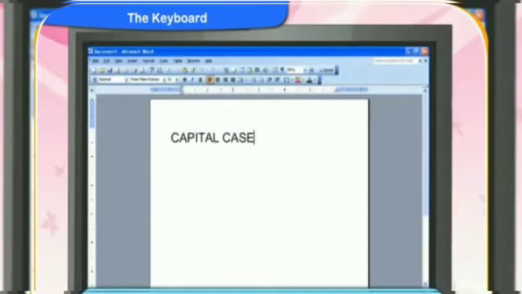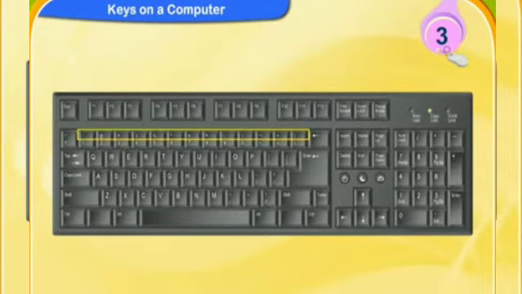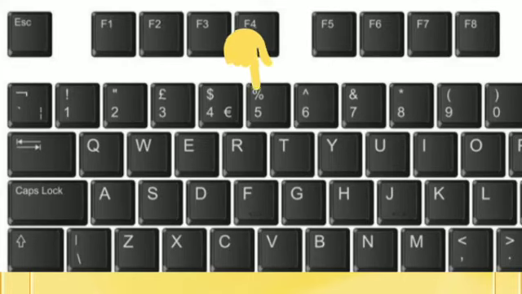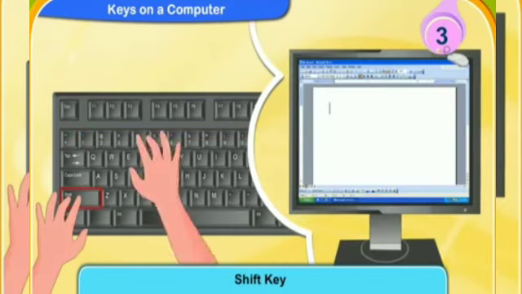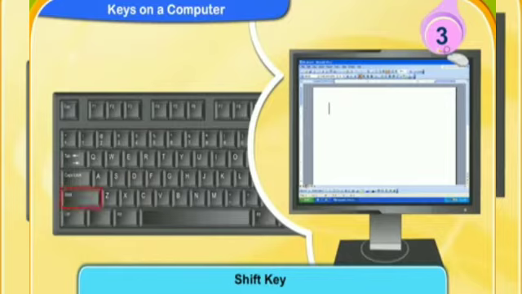Now children, have you ever noticed that there are some symbols printed above the numbers on the number keys? Yes children, like this. If you wish to type the symbols, you need to press the shift key and the number key together. So children, the shift key is used to type the upper characters of the keys on the keyboard.